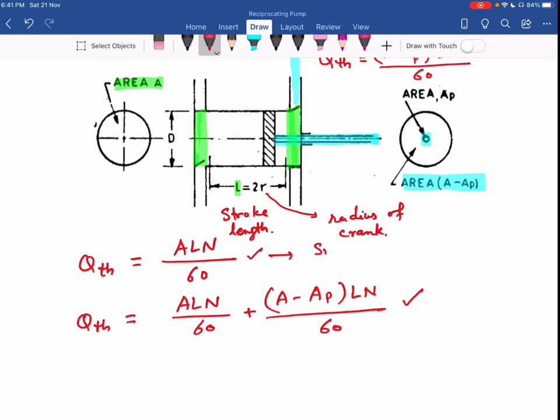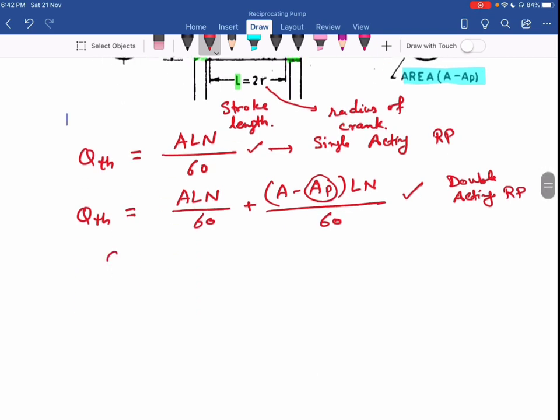This is the formula for a single acting reciprocating pump, and this is for a double acting reciprocating pump. If I neglect the area of the piston rod, AP, then the discharge per second is approximately equal to 2ALN divided by 60. So the discharge of a double acting reciprocating pump is twice that of a single acting pump.